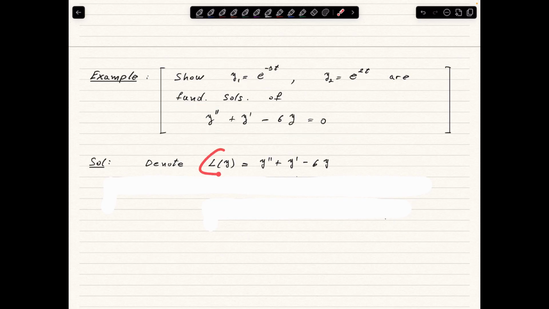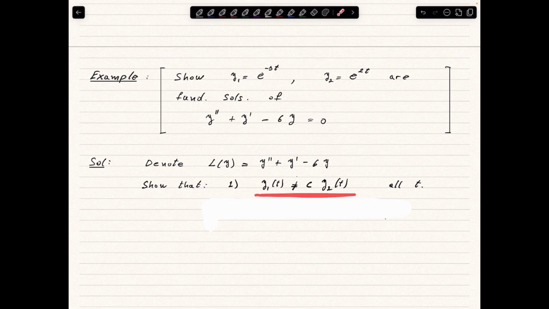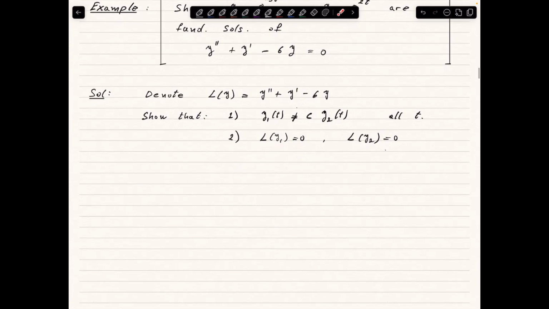So, introducing the operator notation, what we need to show first to be fundamental solutions is that they are not proportional to each other, and then we need to show that each of these exponentials is a solution of the homogeneous equation. Well, the first part, property 1, is trivial.